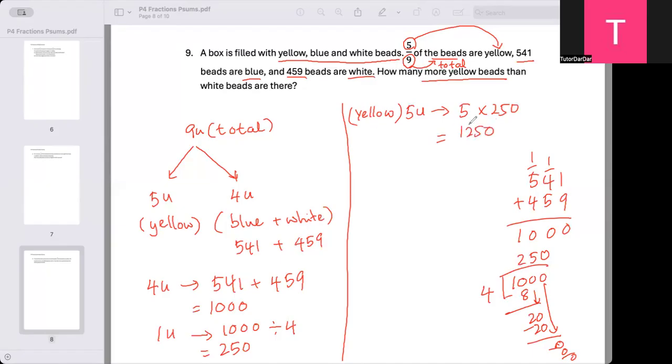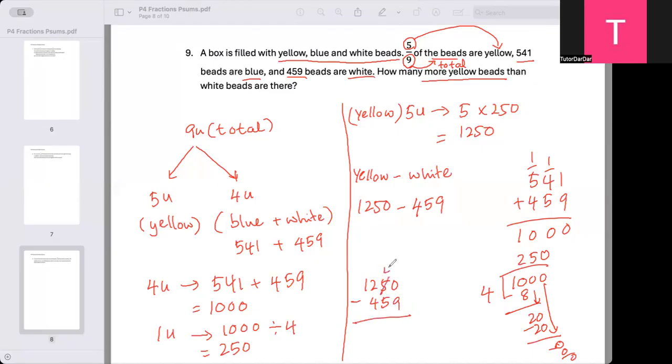Okay, so when you know yellow is 1250, the difference between yellow and white: yellow minus white is going to be 1250 minus white, which is 459 beads. So 1250 minus 459.